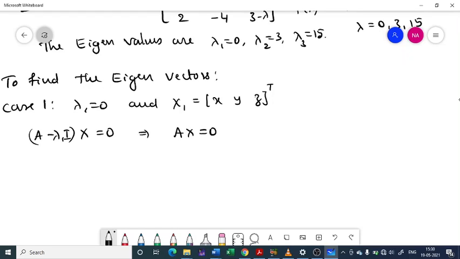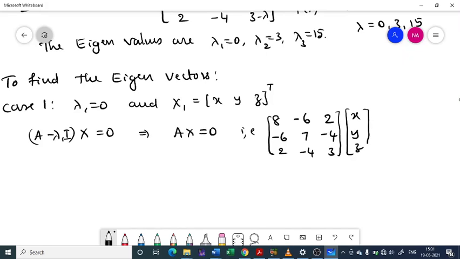That gives you the matrix 8, minus 6, 2; minus 6, 7, minus 4; 2, minus 4, 3 times x, y, z is equal to 0, 0, 0.